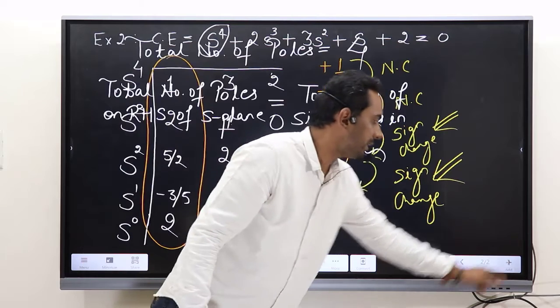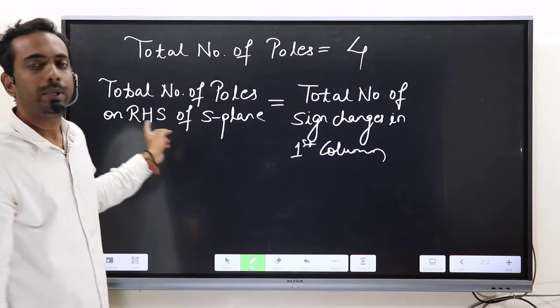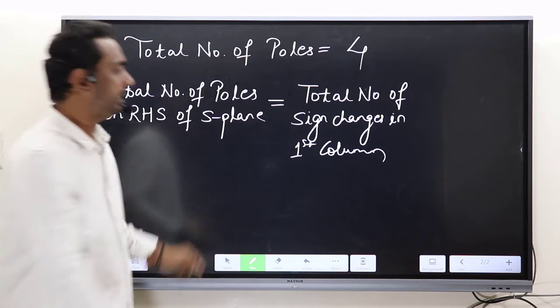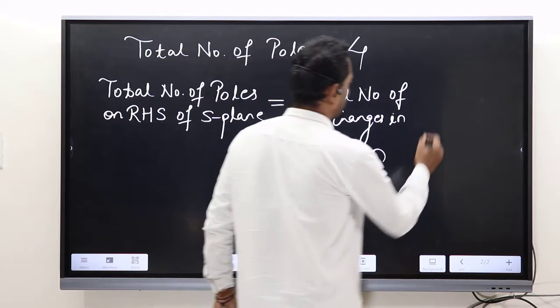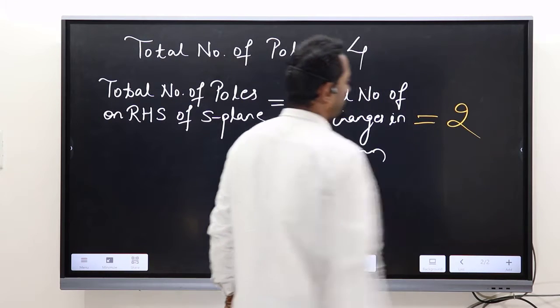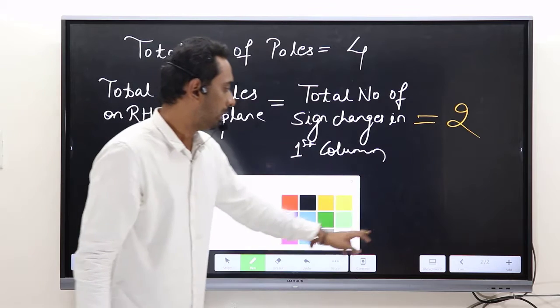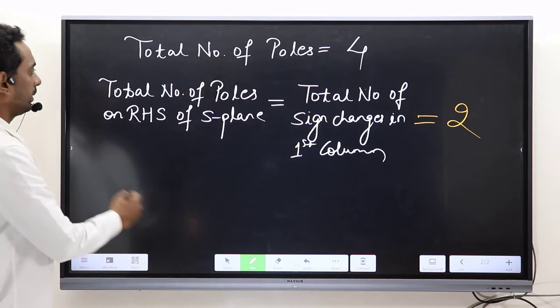So 2 times the sign is changing. So I can write how many poles are on the right hand side of S plane. So it is 2 poles on right hand side of S plane.